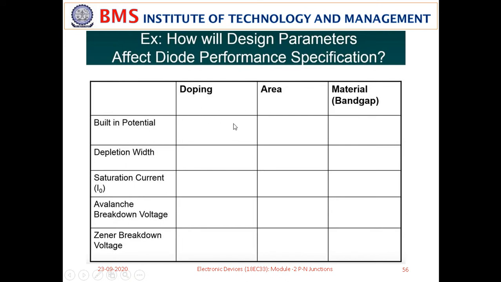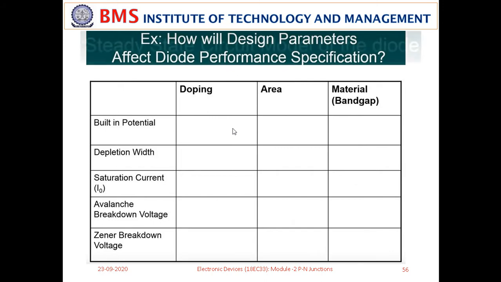You can just indicate that with an arrow mark. Suppose the doping increases, what is its effect on the built-in potential? That can be shown with two arrow marks: one corresponds to the built-in potential, and the other corresponds to the doping of the semiconductor. In that way you can fill up all these regions.